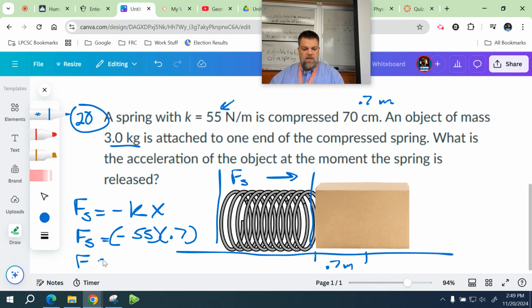So the force exerted by the spring is about negative 38.5. So in this particular case, this will be the negative direction.